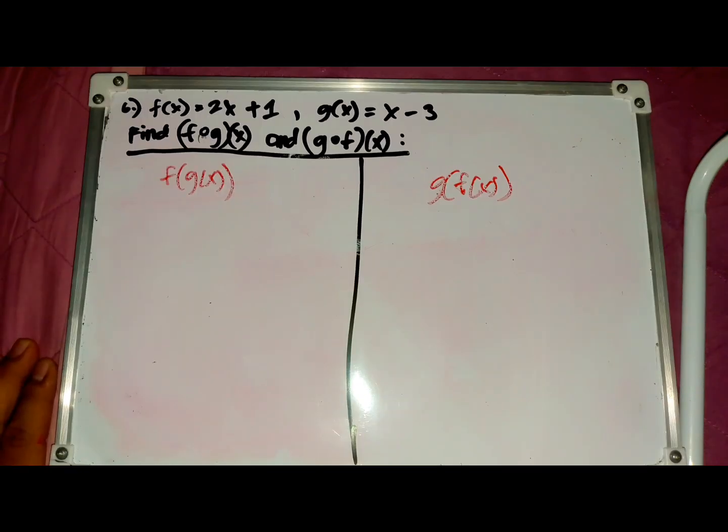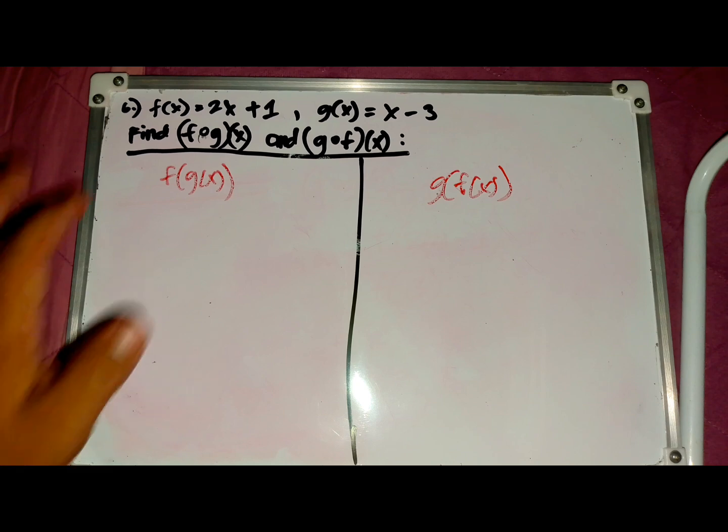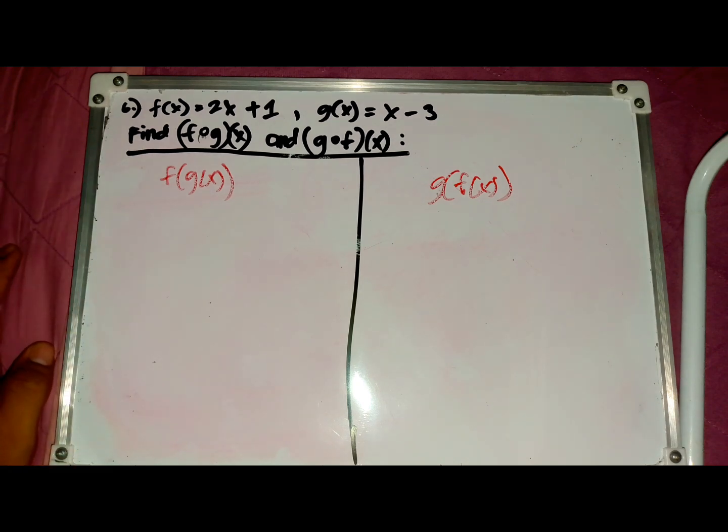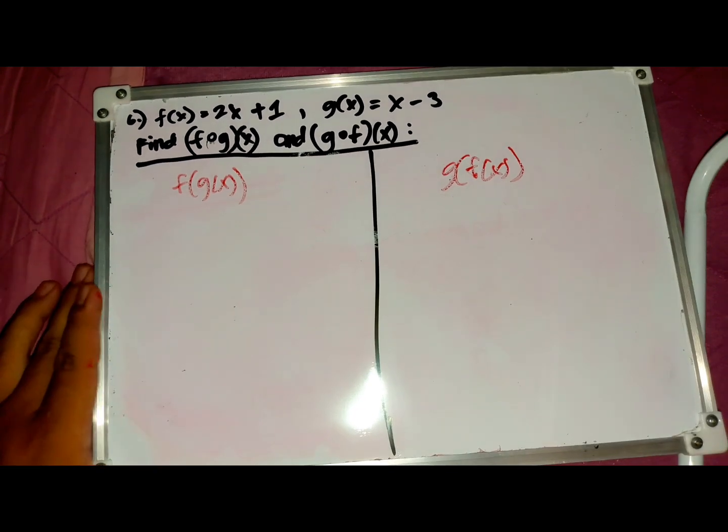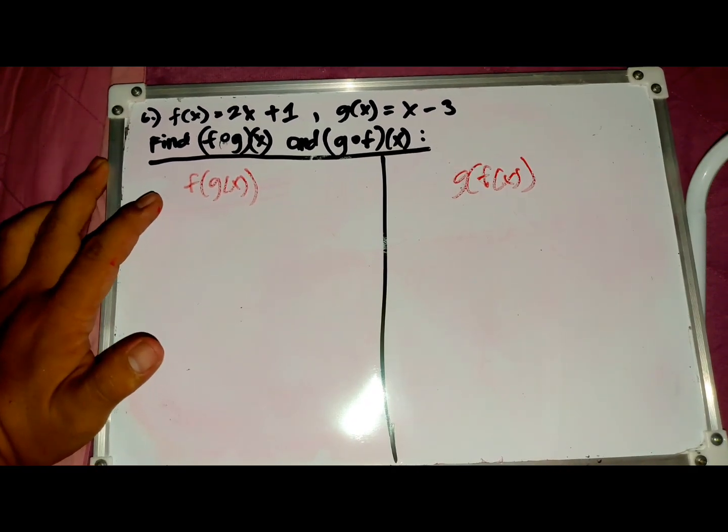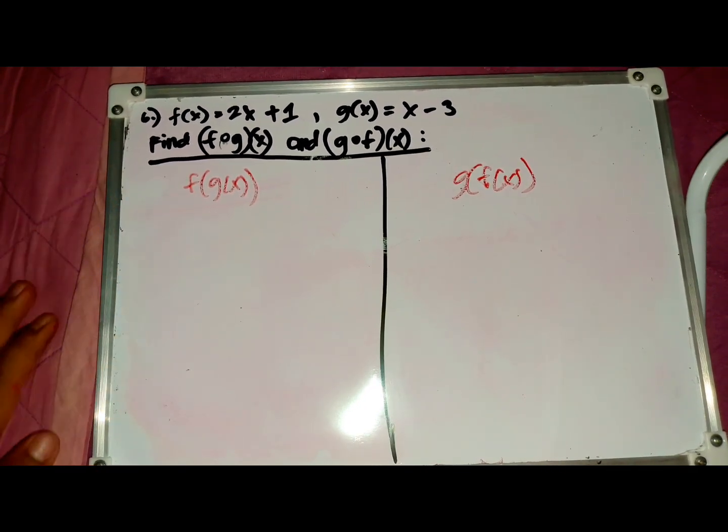Number 6, our last example. Given f of x is equal to 2x plus 1 and g of x is equal to x minus 3. Find f composed of g of x and g composed of f of x. First, we solve f of g of x.